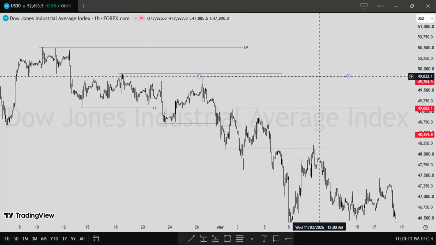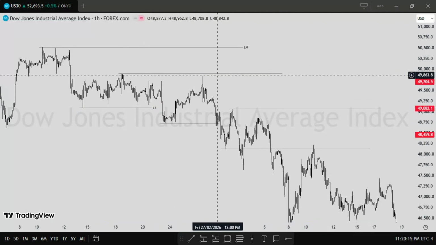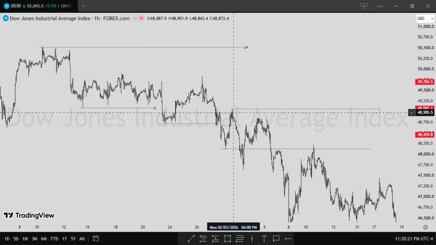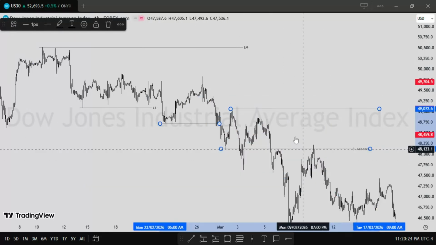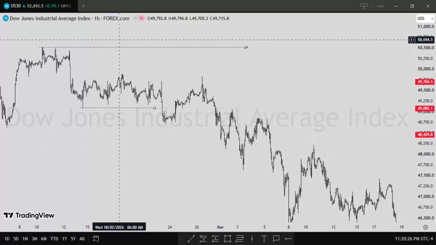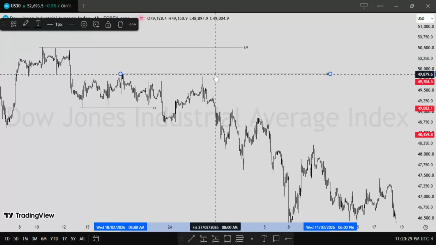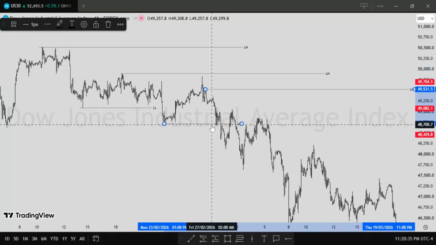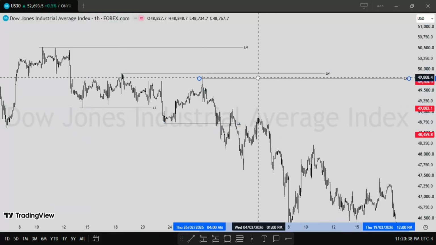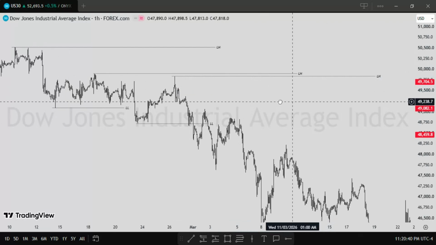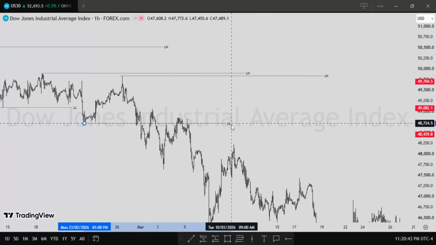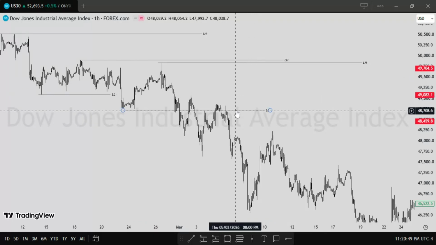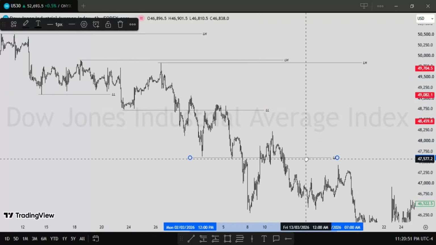I think it's better this way. So I have it in mind this way: lower highs and lower lows.